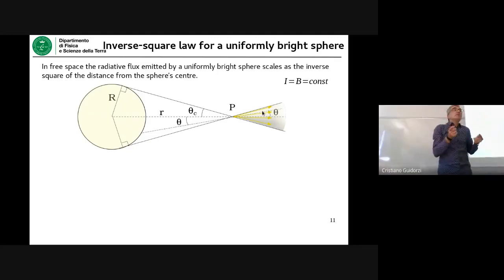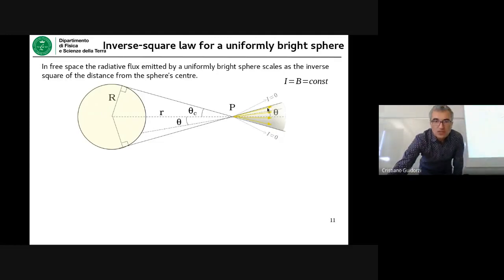You have some flux, because all these lines, if you trace them back, match at some point of the surface. Remember, the intensity along one path is constant. So if you consider this line, the intensity here is the same as what you measure here along this direction. But if you consider directions slightly off this cone, if you prolong this dashed line, it wouldn't match any point of the surface. So in that case, I is 0.